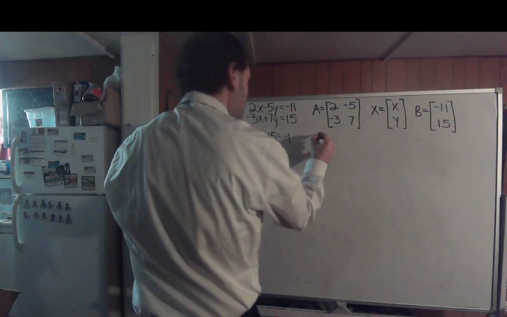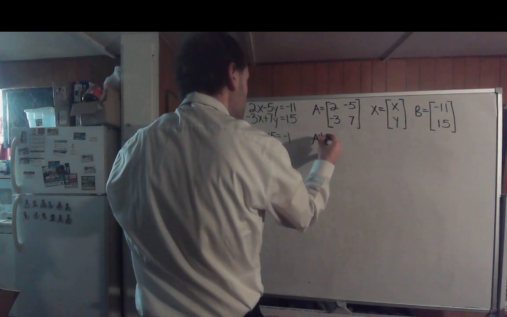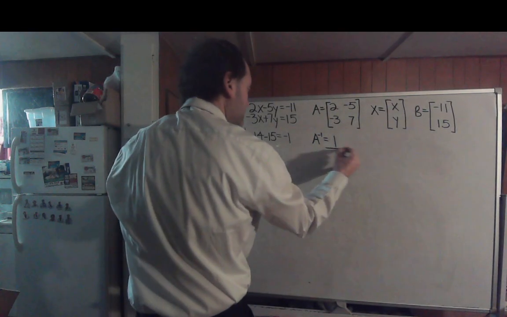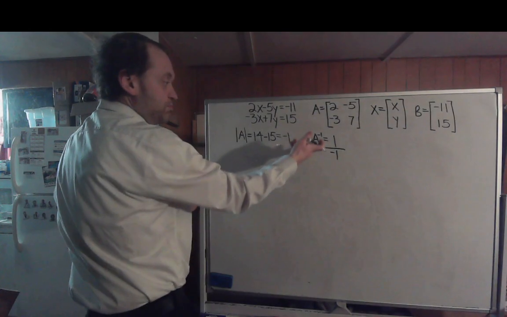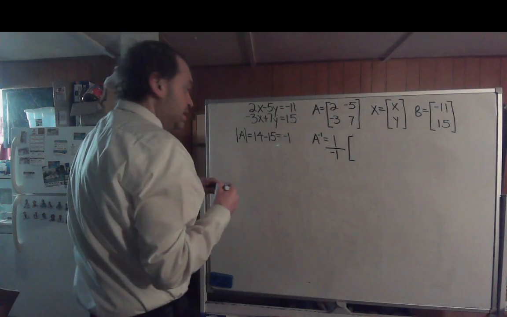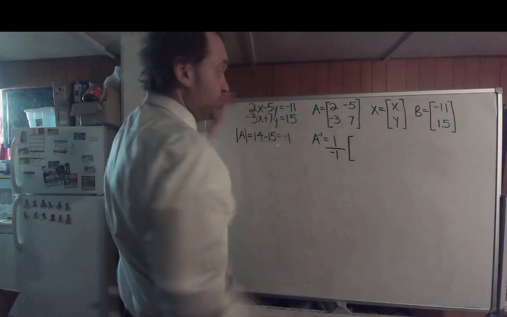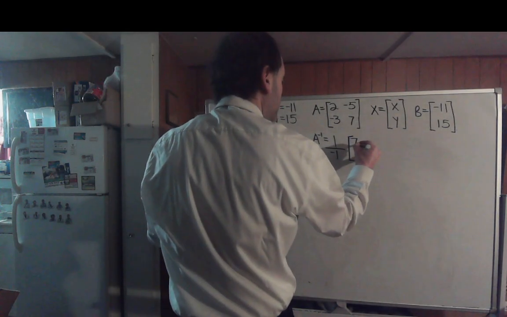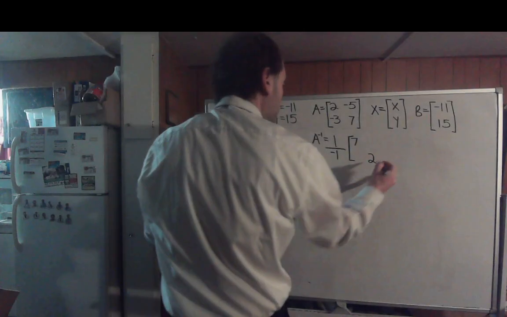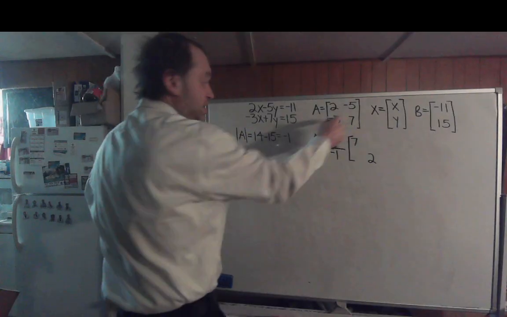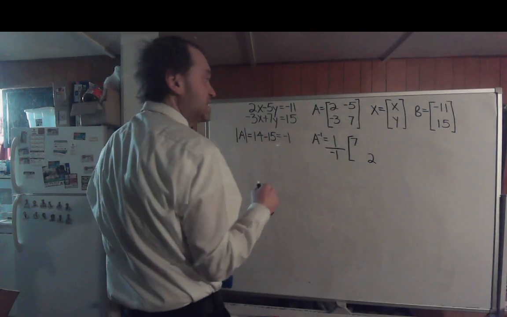Now to find A inverse, that's going to be 1 divided by your determinant of negative 1, which, as we know, would just make that scale factor simply negative 1. Now take your original matrix, switch the places of A and D, so 7's going to come up here, 2's going to come down here, and then you have your B and C coefficients you'll leave in the same place, but you'll negate them.